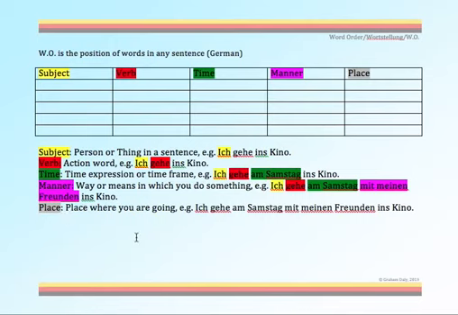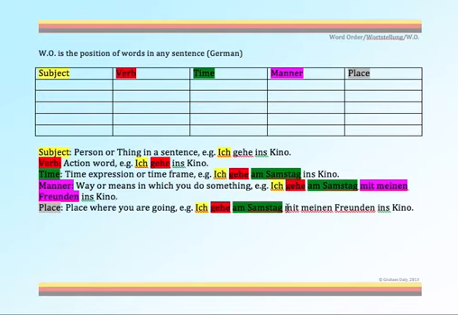So what part is the yellow part? It's the ich, because it's the person doing the sentence. Gehe is a verb. It's what you're doing: I'm going. What time are you going at? Am Samstag. The time.